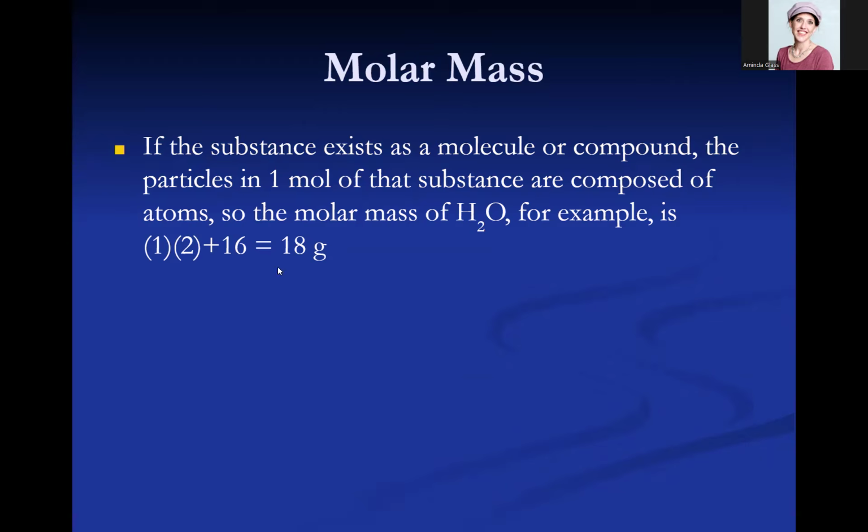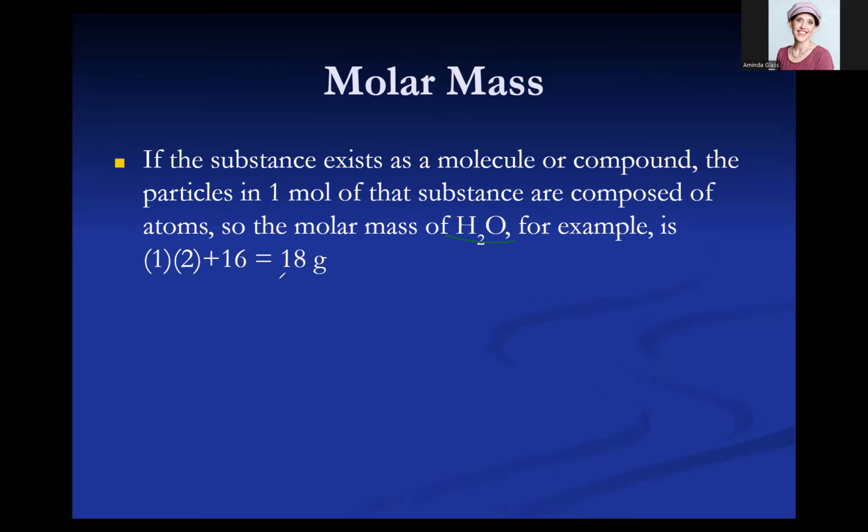So if we wanted to find the molar mass of water, we would say I have 2 hydrogens. If I look at the periodic table, the molar mass of hydrogen is 1.01. Plus, now I look at my oxygens. I have 1 oxygen. If I look at the periodic table, the molar mass of oxygen is 16.00.